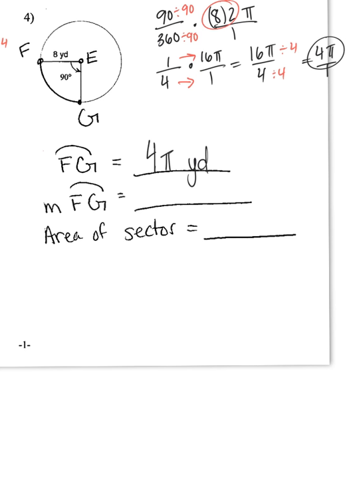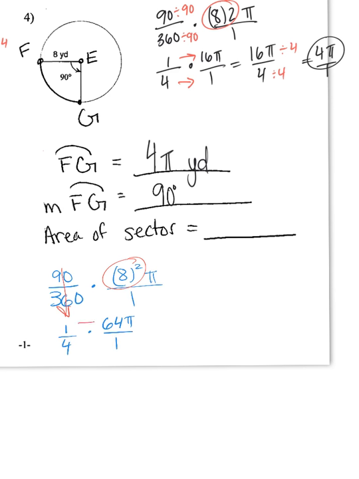For the measure, remember the measure is the same as the angle, so the measure of the arc is just 90 degrees. And for the area of the sector, we'll do that central angle over 360 times the area, so radius squared times pi. So we already reduced this up above, and we got 1/4 times 64 pi over 1.